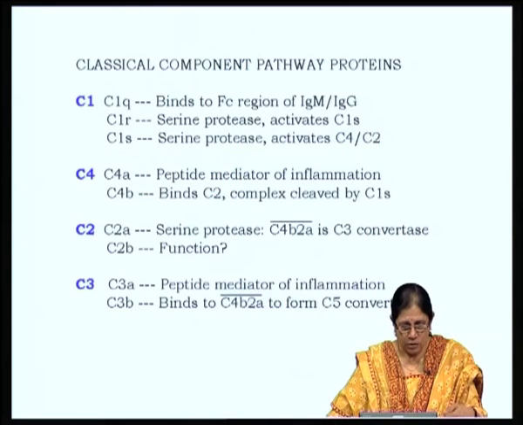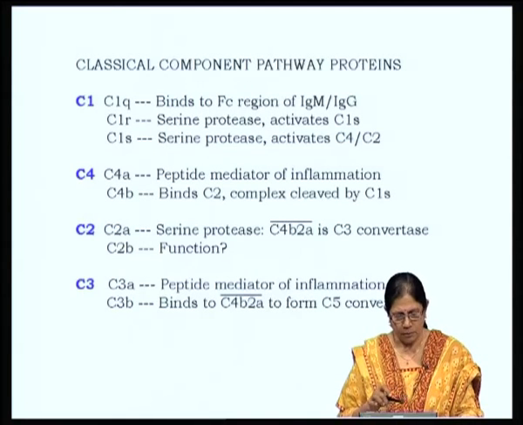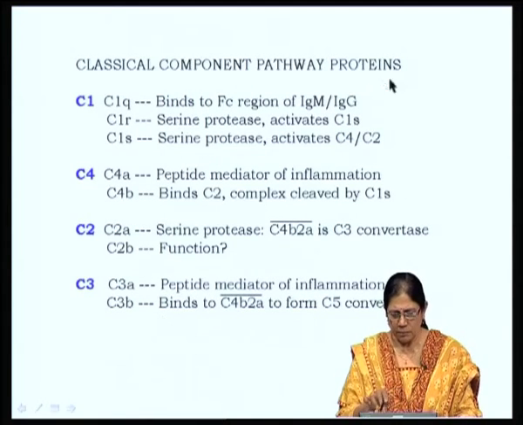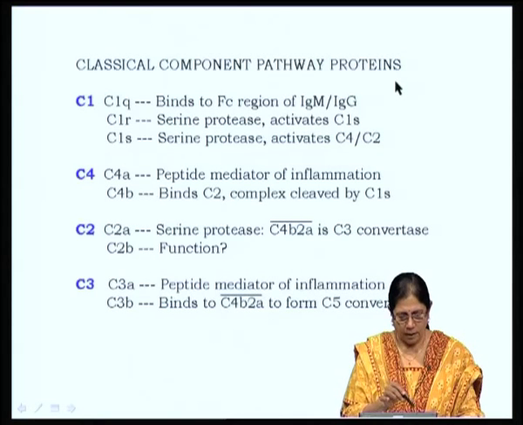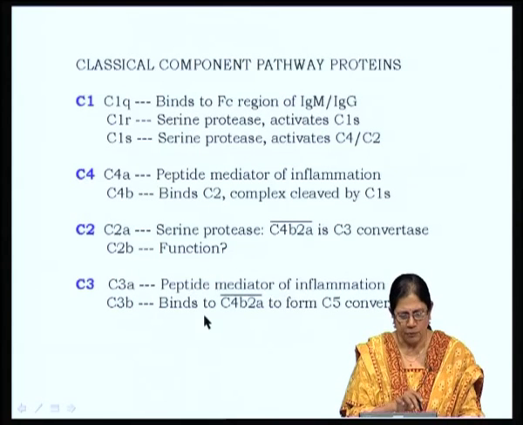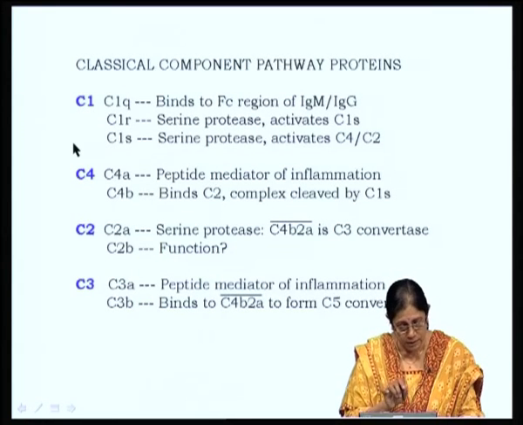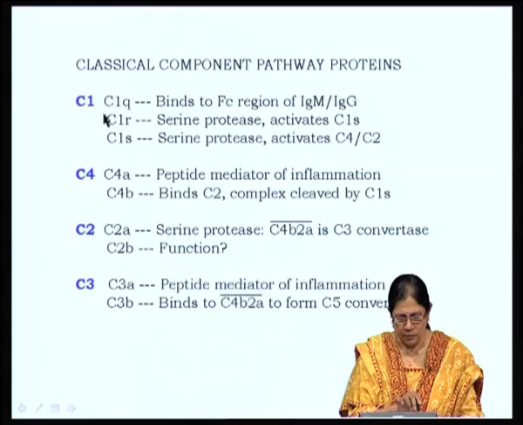I have already talked about these complement components. Let us just go over them in brief. So, the classical pathway proteins are made up of first the initial components, which are all enzymes, except of course C1, but the C1 complex is made up of C1q, C1r, C1s.